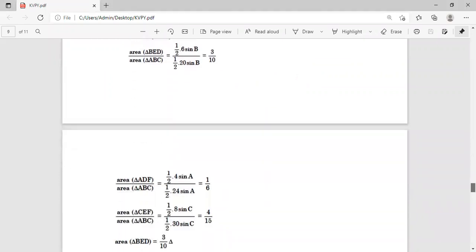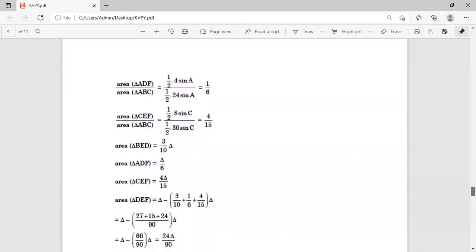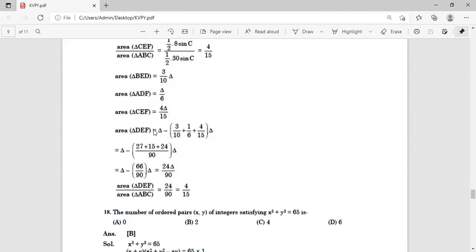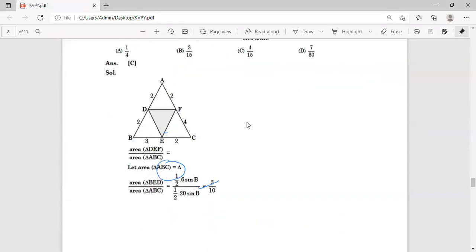This is 3/10. Next is 1/6, 4/15. So add all of it. So total delta minus this will give you the area of the leftover portion. So that's the answer, 4 by 15. Total minus this plus this plus this will give you the leftover portion.